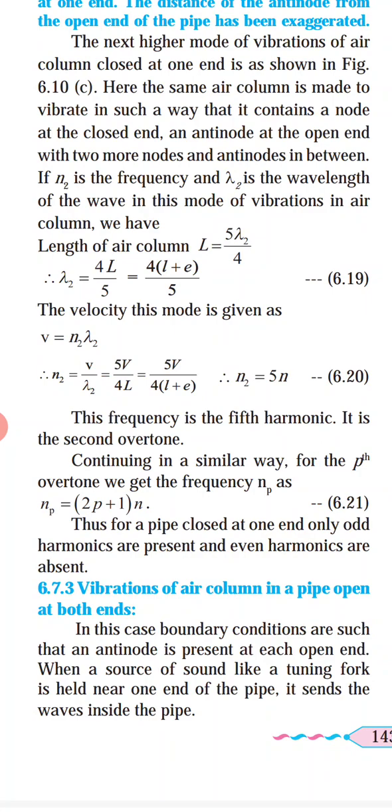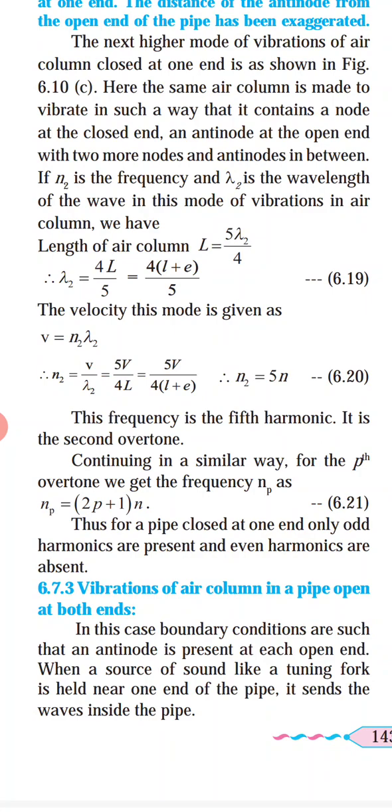If you consider a pipe open at both the ends, all harmonics are present, for example n is equal to 1n, n1 is equal to 2n, n2 is equal to 3n, n3 is equal to 4n, so all harmonics are present. In this case, boundary conditions are such that antinode is present at each open end.